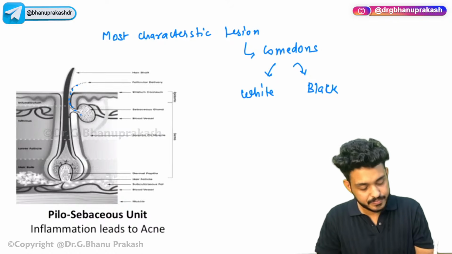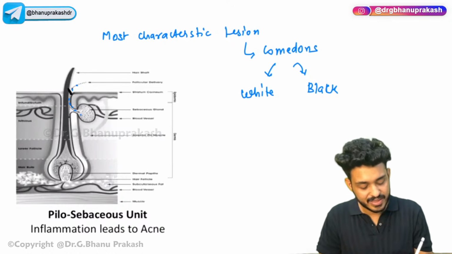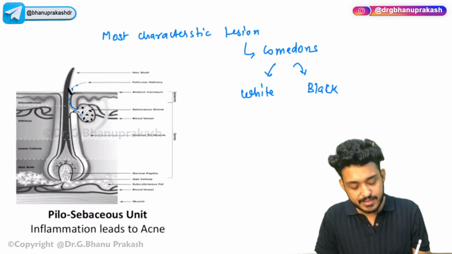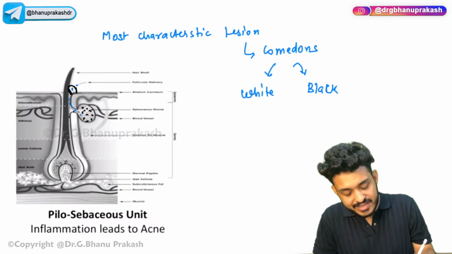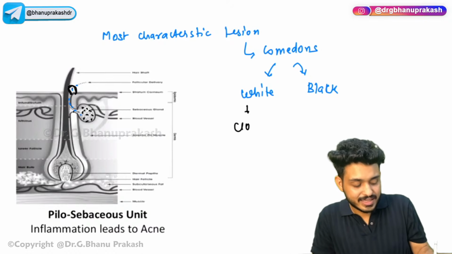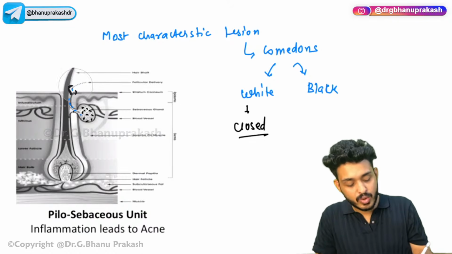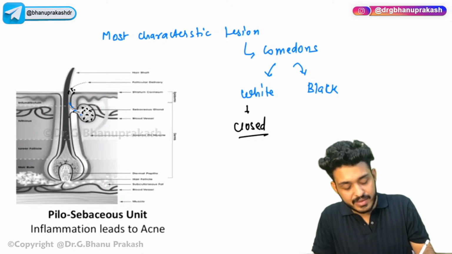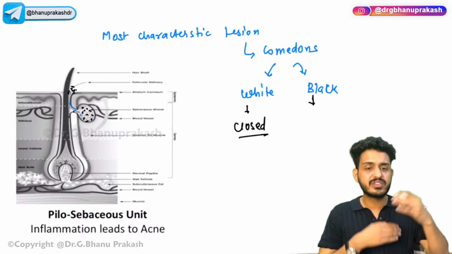Now what is happening? If there is a blockage, what will happen? This sebum will not come out. This sebum will accumulate here itself, right? If there is a blockage, this is known as whitehead, because it is closed. If there is no blockage, it is coming out and comes in contact with the environment. There will be some kind of reaction with the environment.